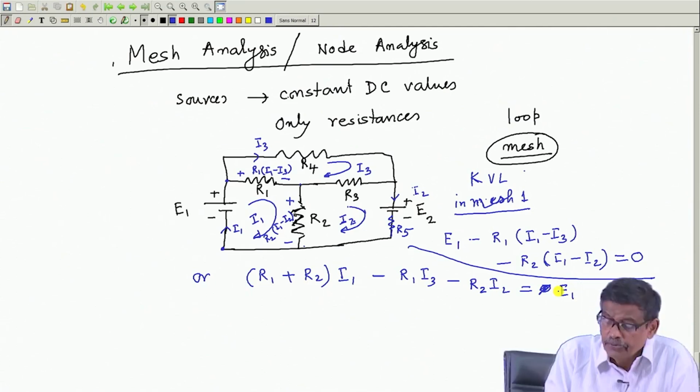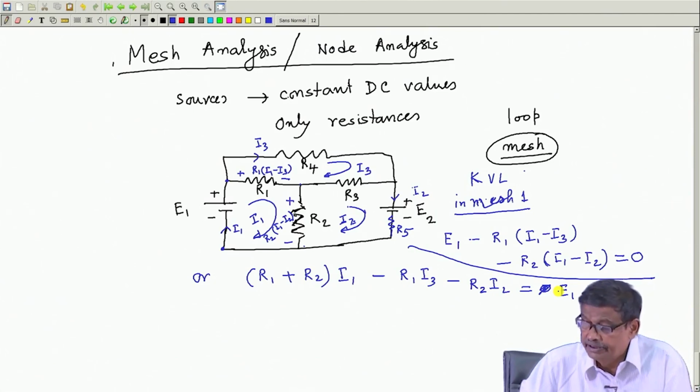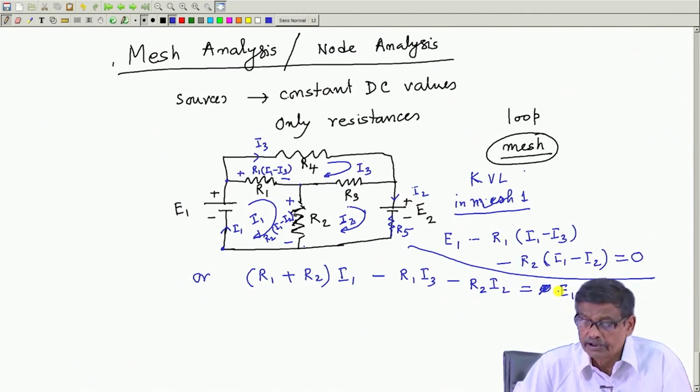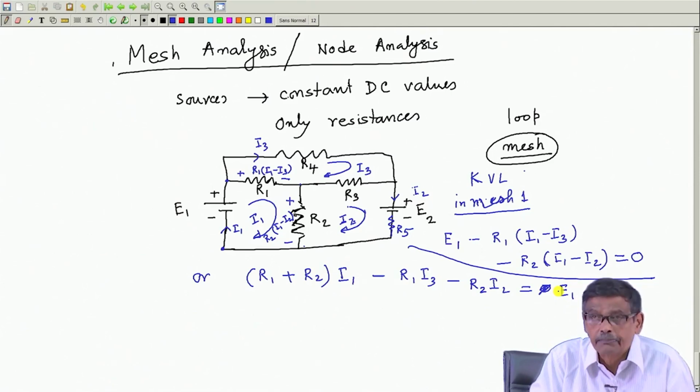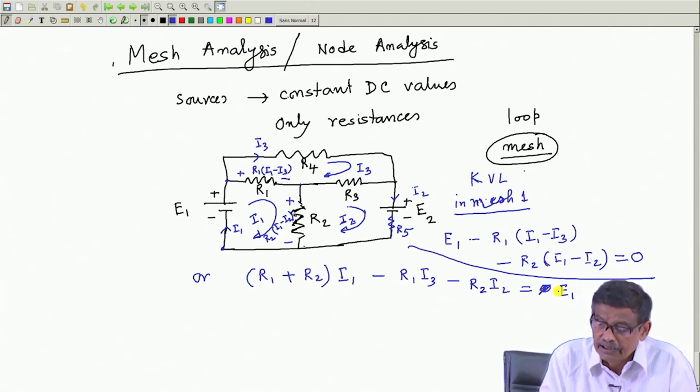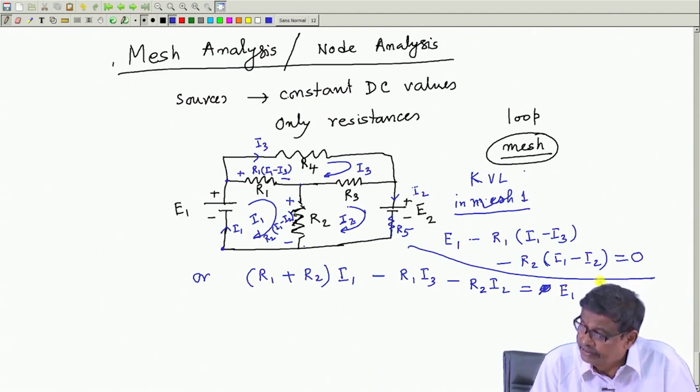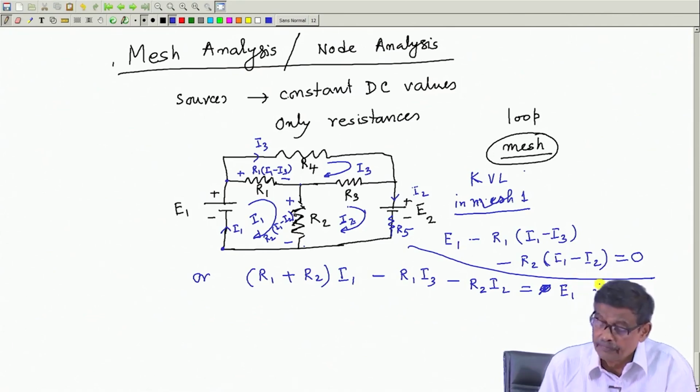In mesh 1, if you want to write down the KVL equation, there are 3 unknowns I 1, I 2, I 3, because if I somehow can solve I 1, I 2, I 3, I will be in a position to find out the currents in any branch I like, which will come as a difference of these 2 mesh currents, where there is a common element present. In this branch current will be I 1, in this branch current will be I 2, and so on. So, this is equation 1, but I must form 3 equations.